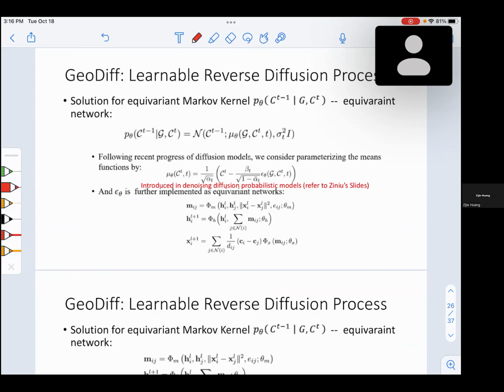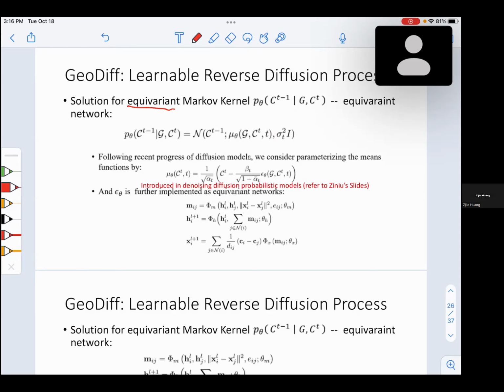For the second step, we need a solution for developing an equivariant Markov kernel. Here, again, remember it's equivariant, not invariant anymore. What they chose is similar to what I introduced in the previous quarter.